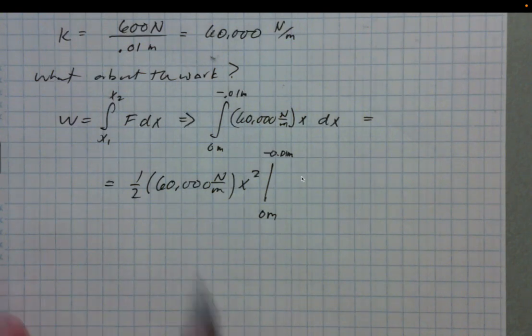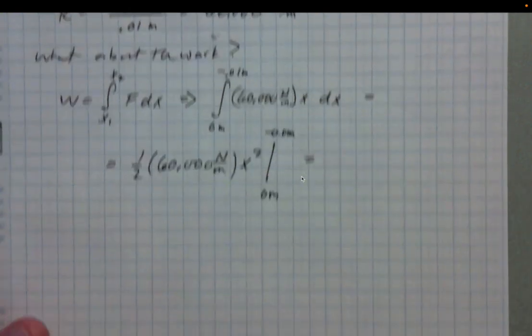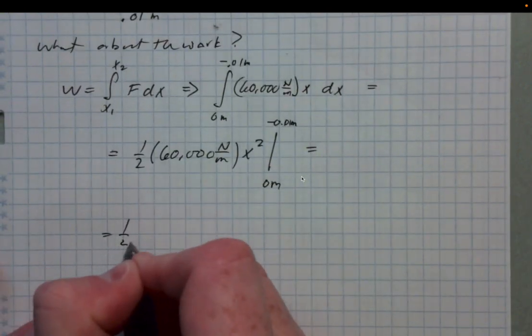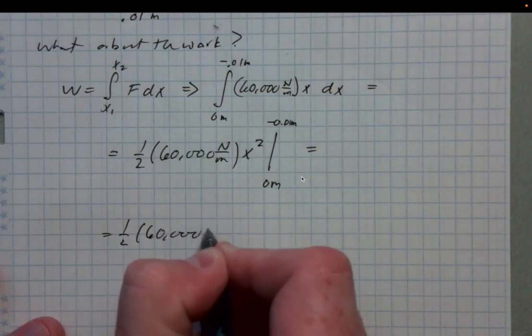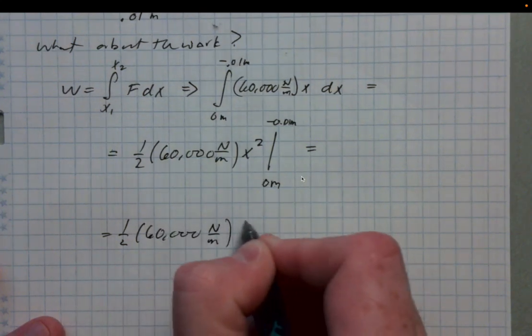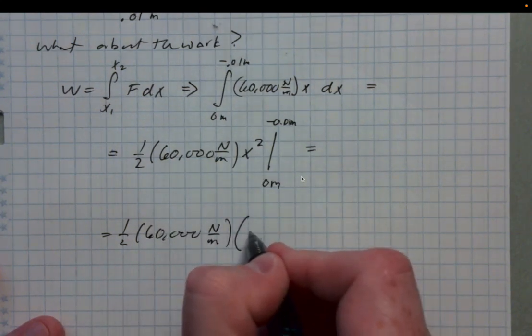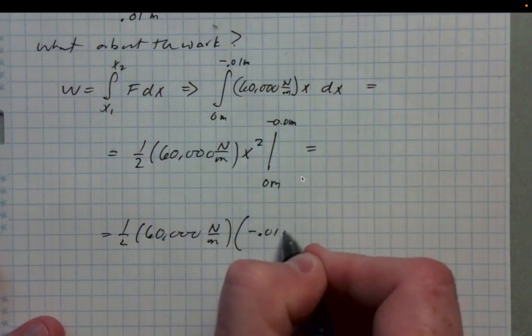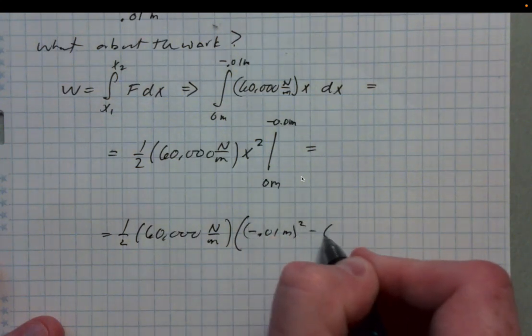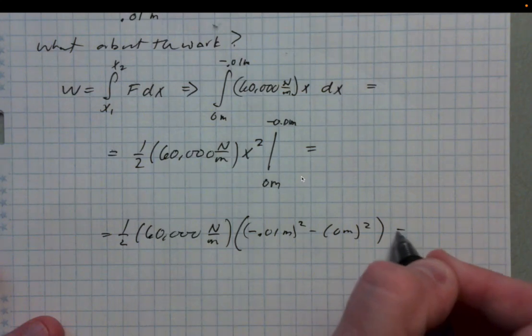All right, and can we just plug these quantities in? You betcha, right? So this is 1/2 times 60,000 newtons per meter. And then I'm going to go negative 0.01 meters. I'm going to square that, minus 0 meters, I'm going to square that.